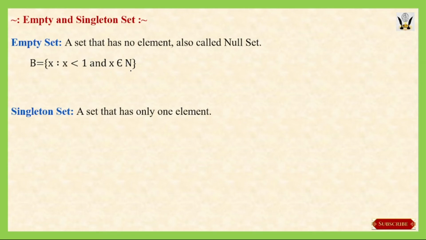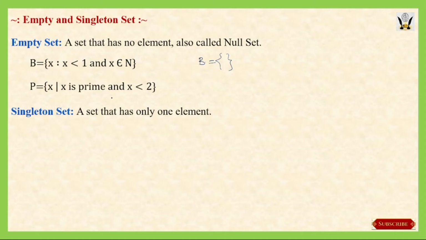As we know, natural numbers start from 1, so if there is another condition that X has to be less than 1, then in set B we will not have any element, because the natural numbers start from 1. So B will be represented by only curly braces, and this signifies that this is an empty set.